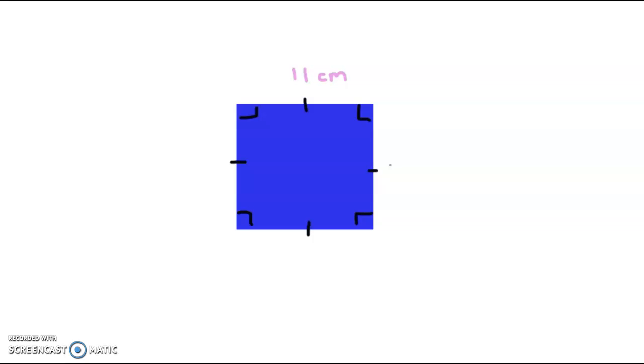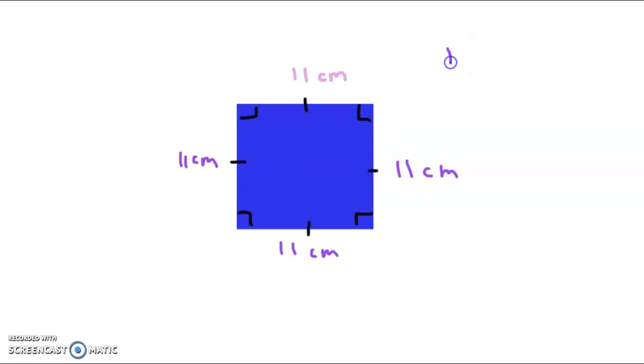So we can label all of these sides 11 centimeters. Now we are going to add the length plus the width plus the length plus the width.